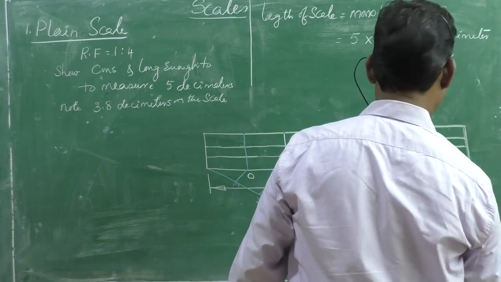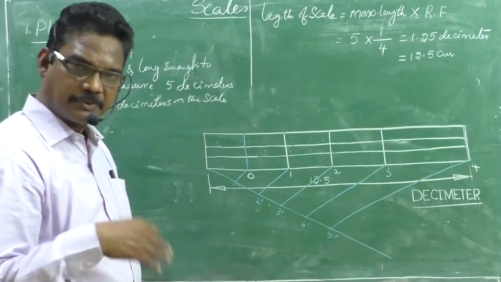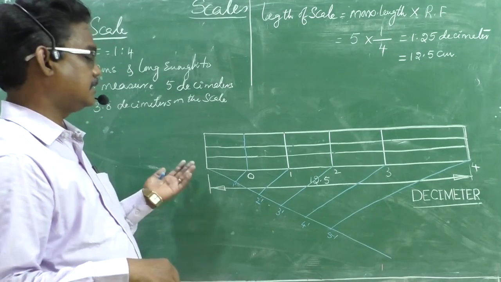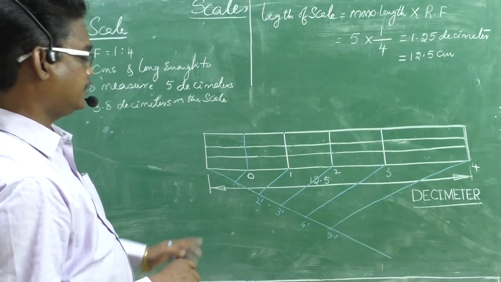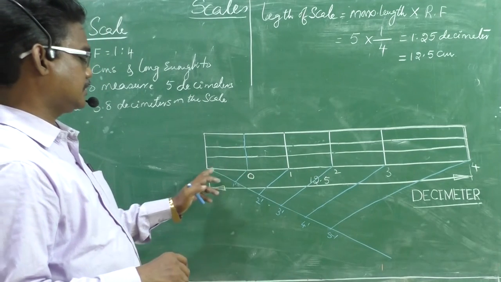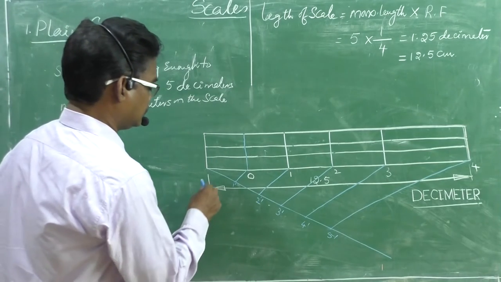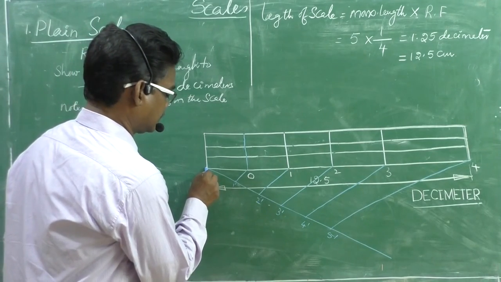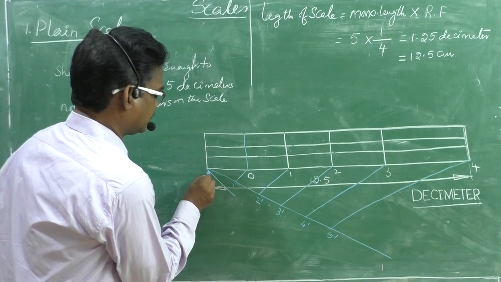Now, 1 decimeter is equal to 10 centimeters. Then divide this into 10 equal parts. For that also, you need to consider an inclined line here and consider 10 equal divisions.